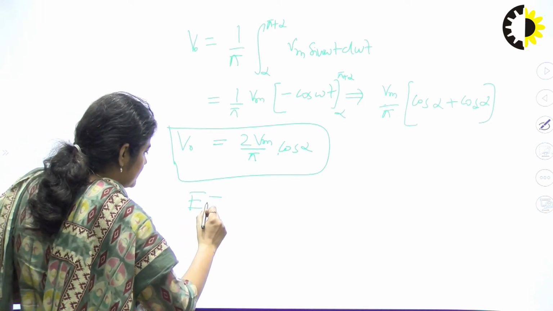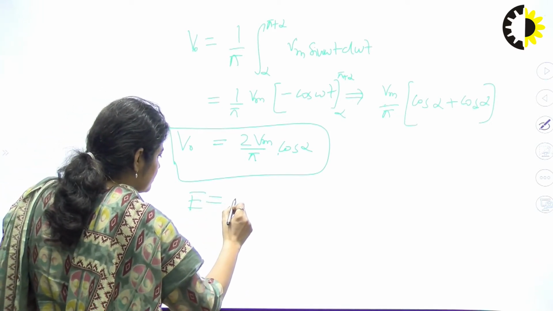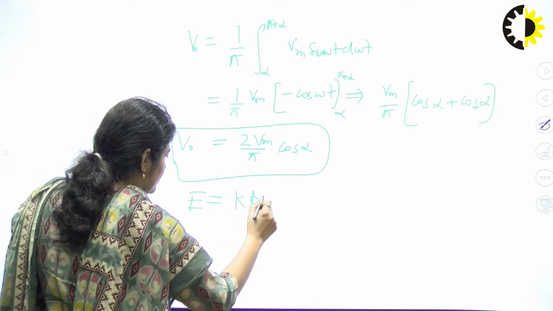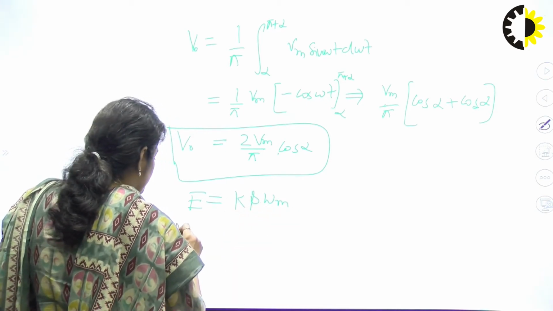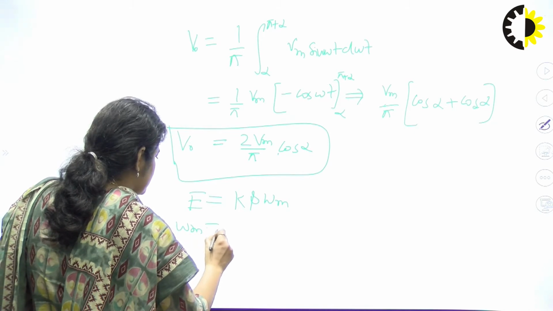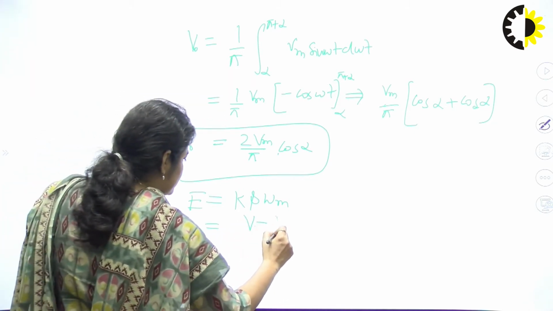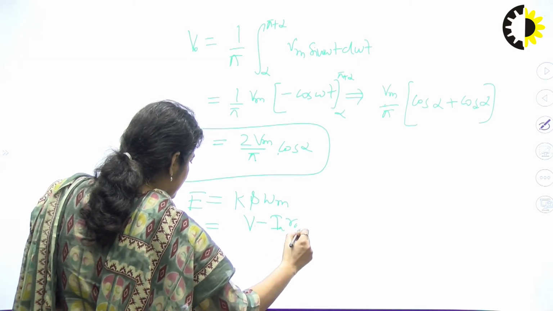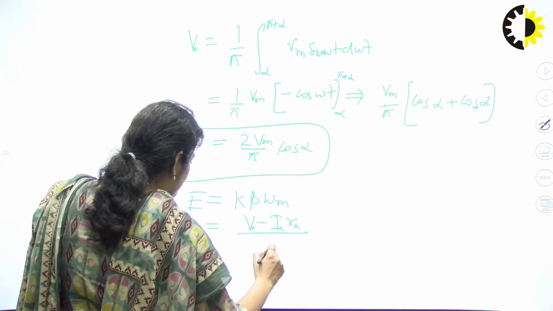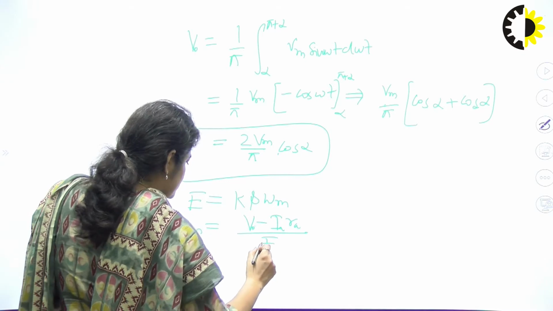According to the DC motor equation, E is equal to K phi omega m. So omega m can be written as E upon K phi, and E is equal to V0 minus IA RA, upon K phi.